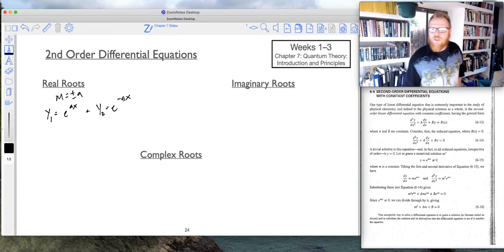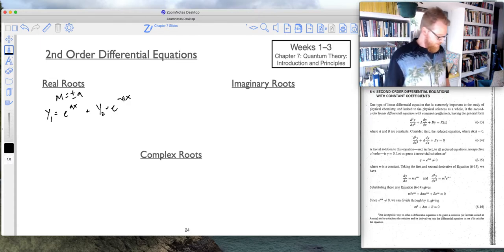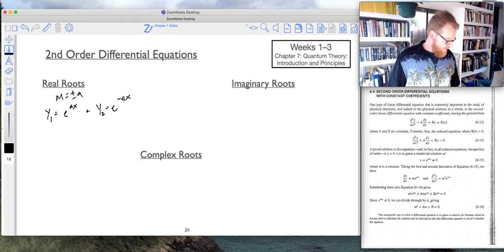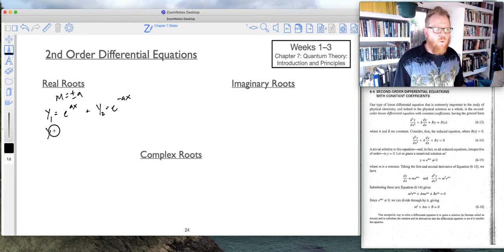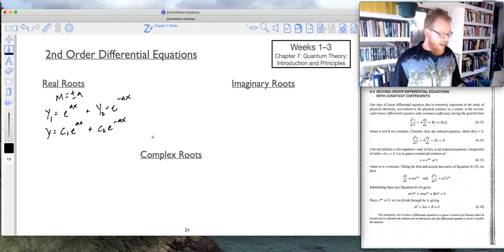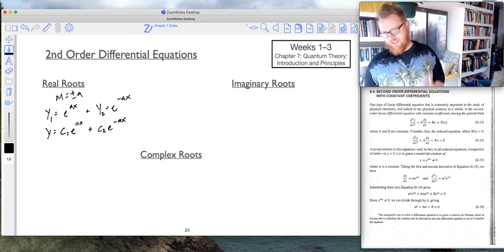Because both of these are acceptable solutions, we will come up with what I later refer to as a basis set of solutions, where we say y equals some constant, c1, e to the ax, plus another constant, c2, e to the negative ax. Upon normalization, if this were my wave function, we would normalize it and then get the values of those constants.